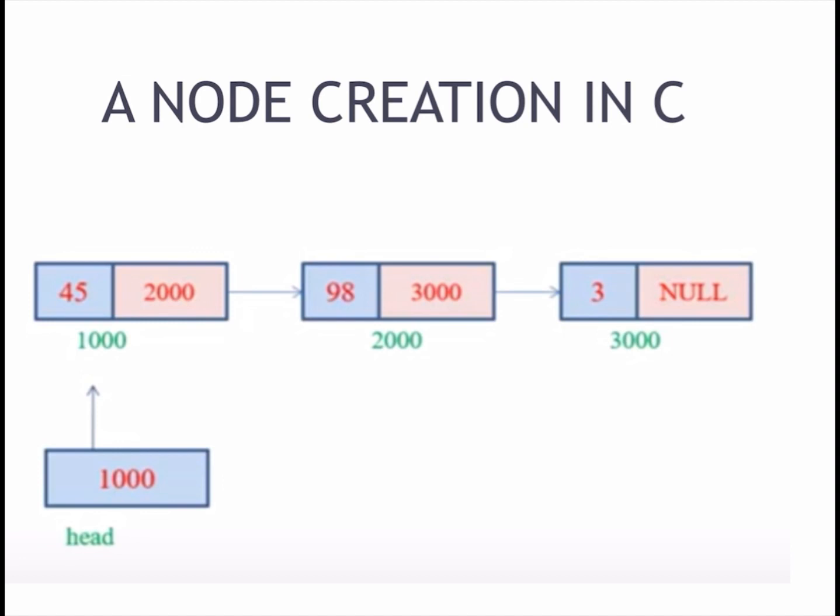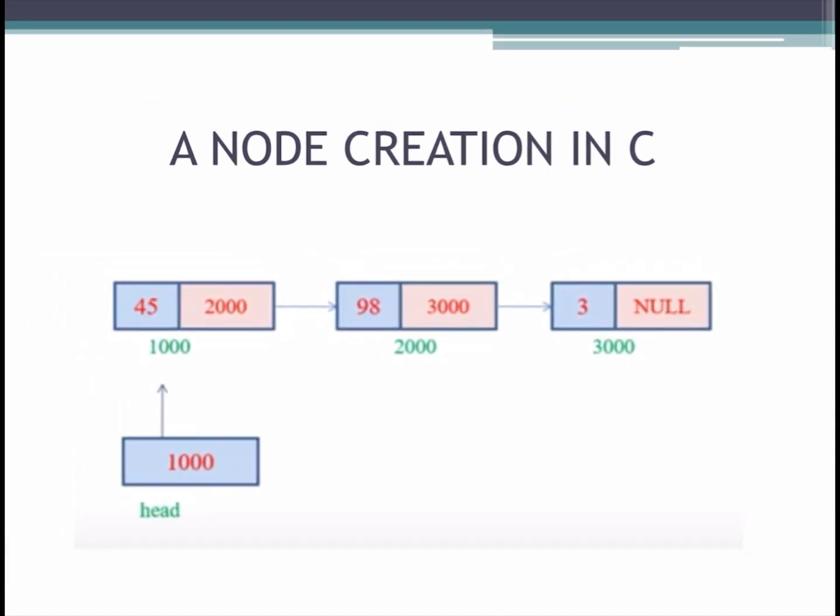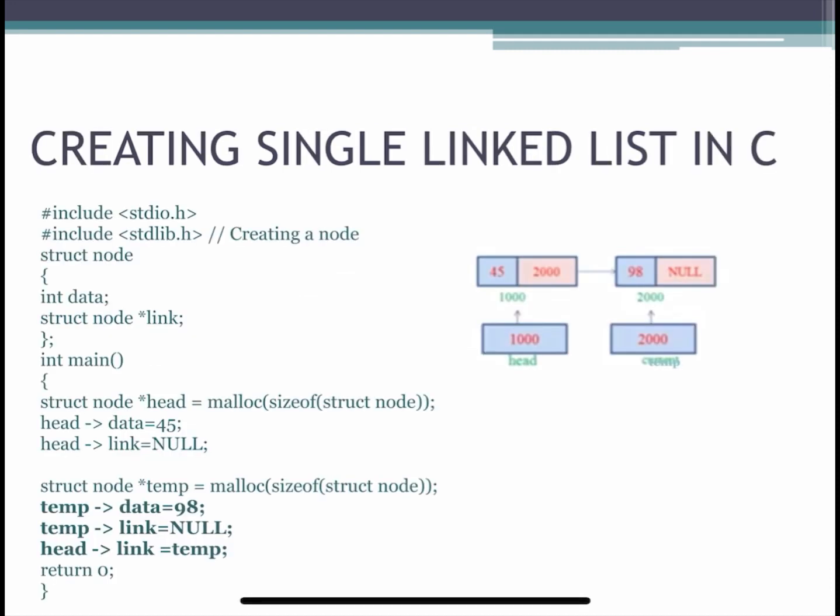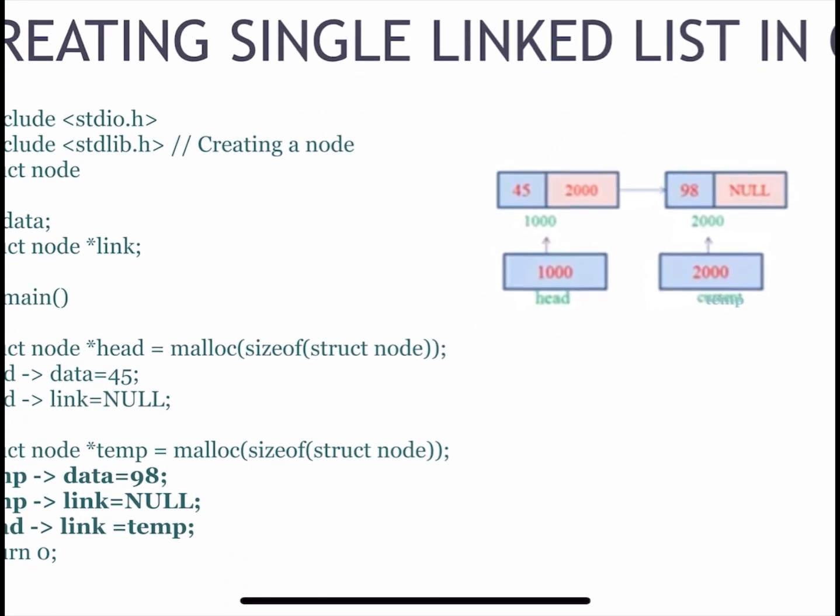Null value because it is the tail node. And the head pointer contains the first node's address, which is 1000. So till now we have created the first node, 45. The data part is 45 and the link is assigned a null value, and we need to create the second node, and the second node's location will be assigned to the first node's link. That's what we are going to look at.